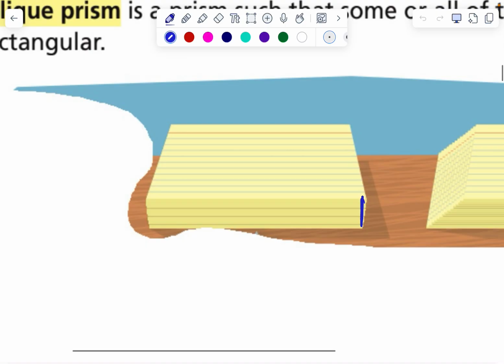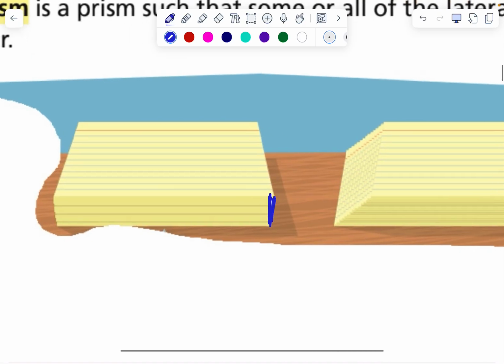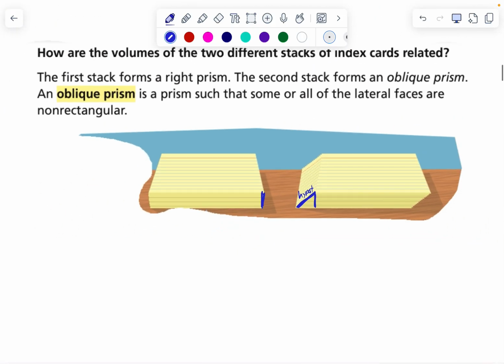Does painting this length, is it the same as painting that length? No, because that diagonal would be longer, right? Think about it like this. That's the hypotenuse, which is always longer than one of the legs. So there would be more surface area to paint if we squish it out, but the volume would not change.